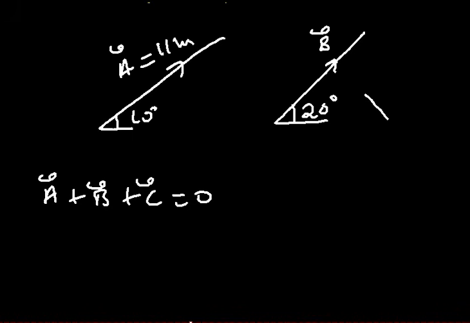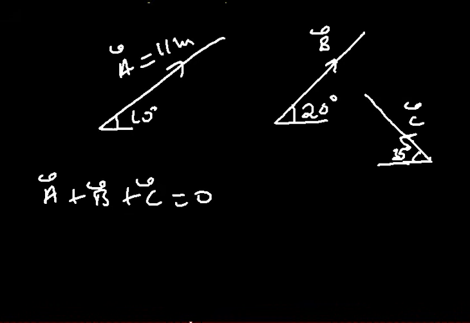And we also have another vector C, which is at an angle of 35 degrees with respect to the x-axis. So if vector A plus B plus C is equal to 0, what are the magnitudes of the vector B as well as the vector C, and what are the components of these vectors?